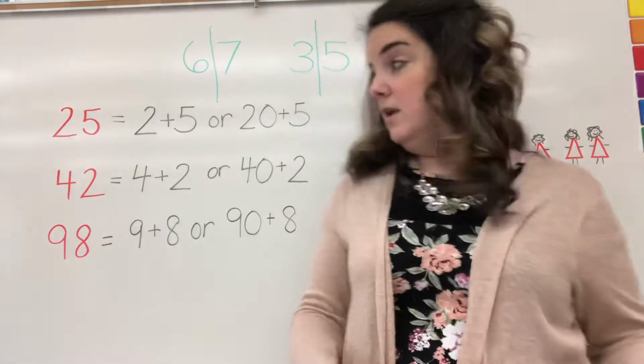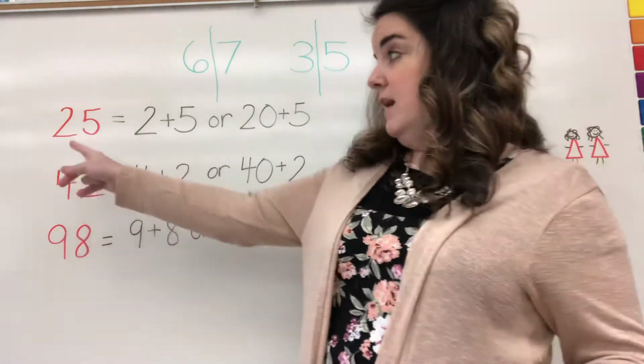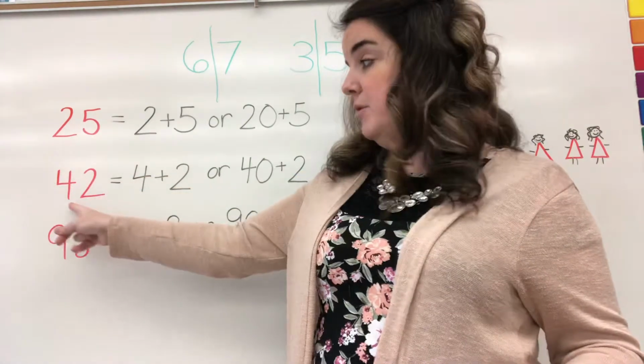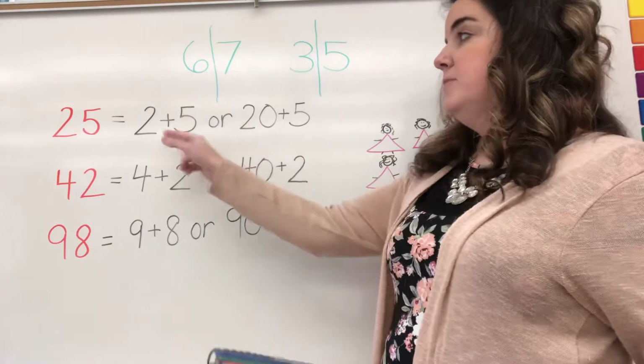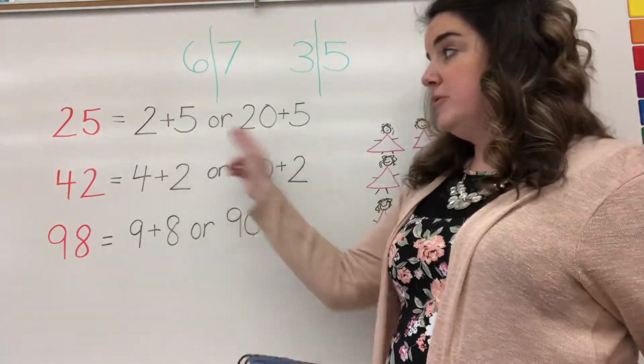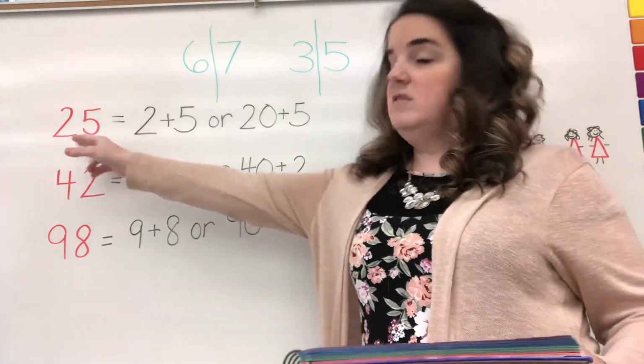Now section 1, I have it written here on the board, and they have the number 25, the number 42, and the number 98. Now, they have two problems in the boxes next to those numbers, and you need to figure out which problem equals this number.